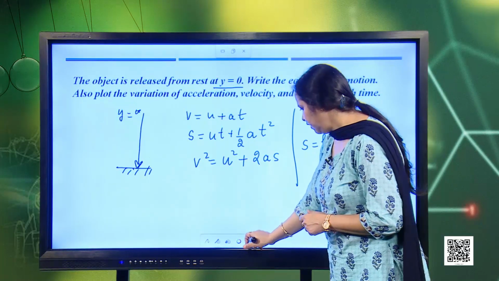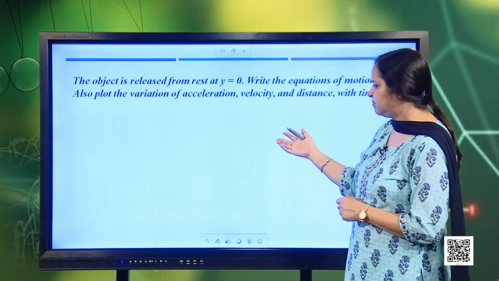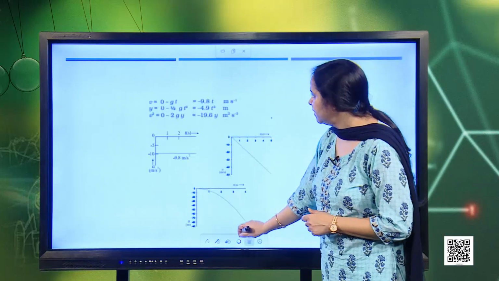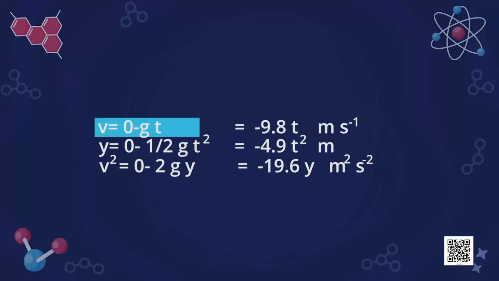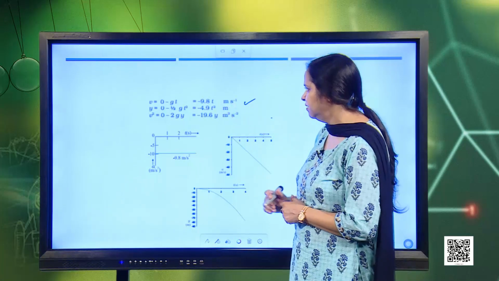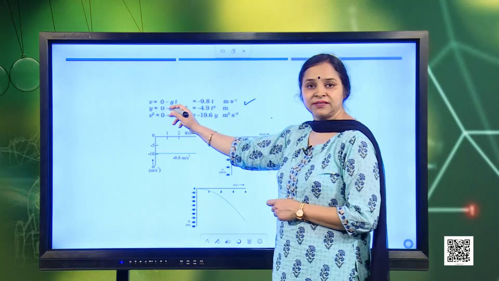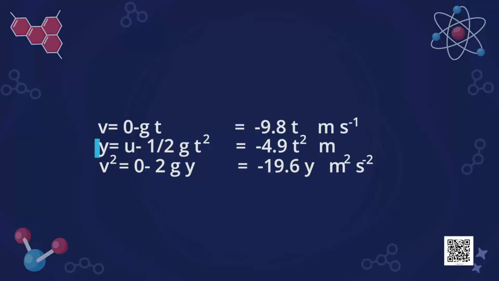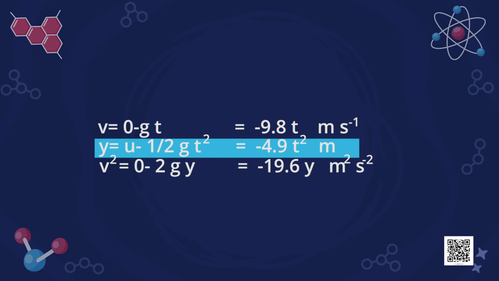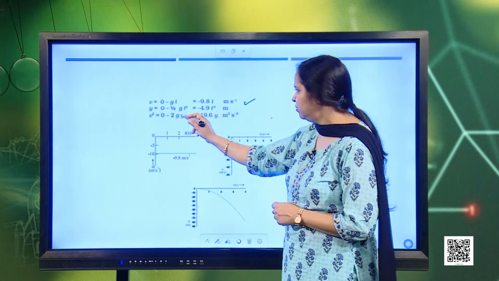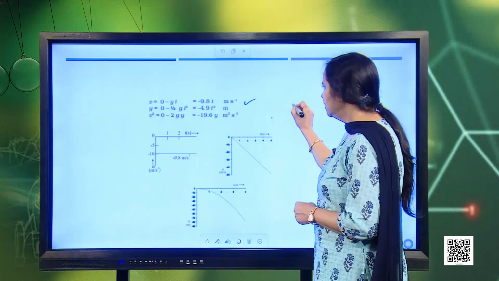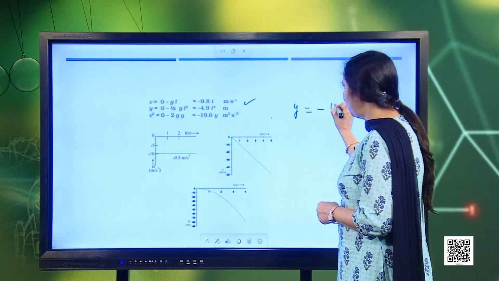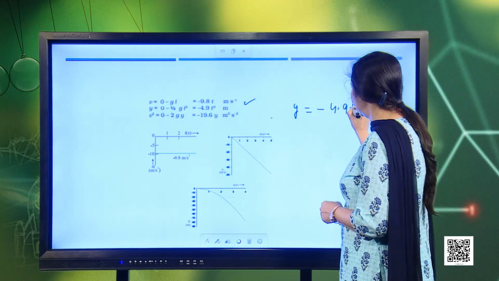So when we write down the equations like this and substitute the values, we get v is equal to minus 9.8t. The second equation, y is equal to ut plus half at square, on substitution gives y is equal to minus 4.9t square.